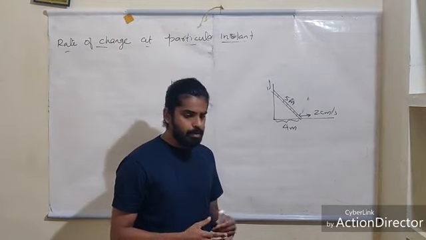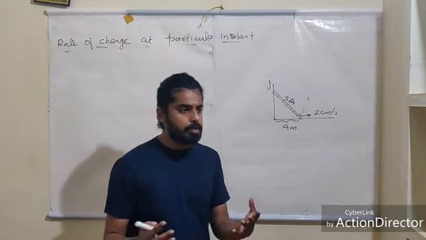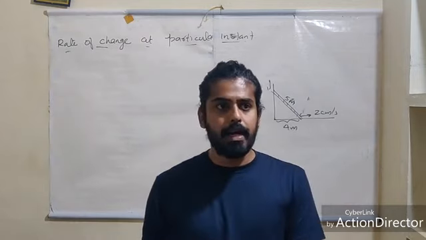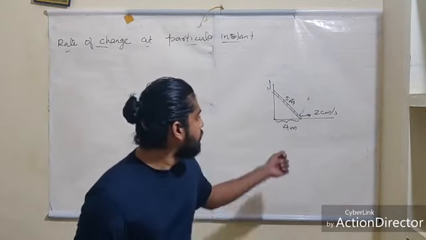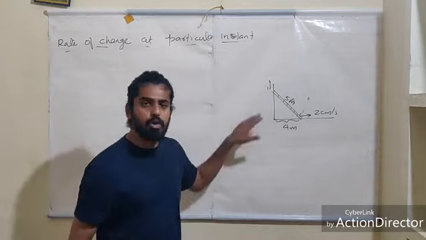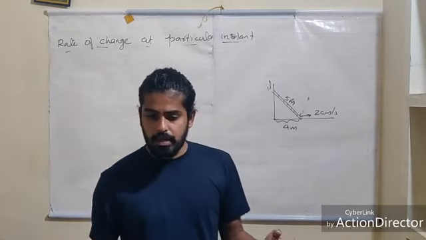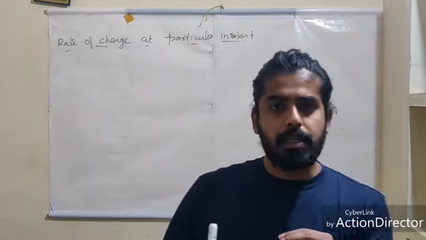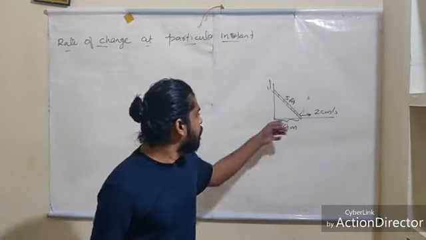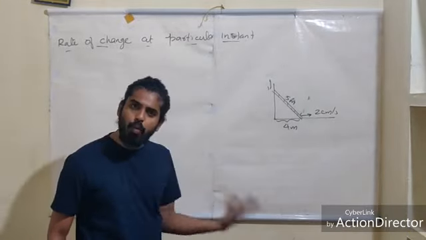Suppose I am asking this to a common man: you are pulling the foot of the ladder at 2 centimeter per second, the height will obviously decrease. Will it decrease at a greater speed than we are pulling, or at a lower speed?